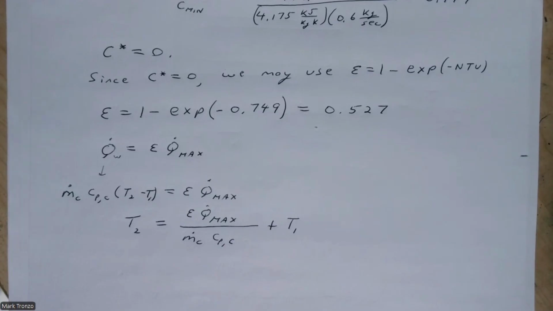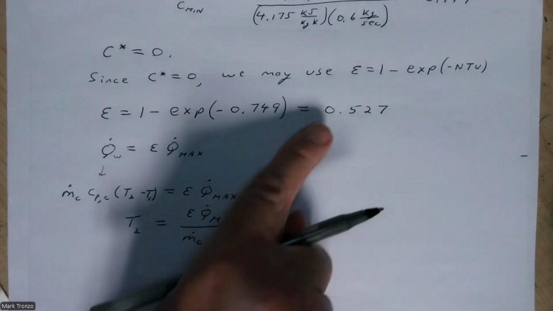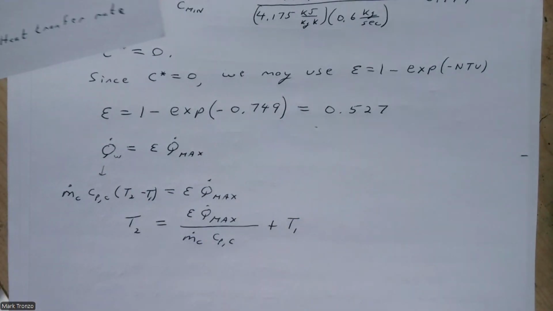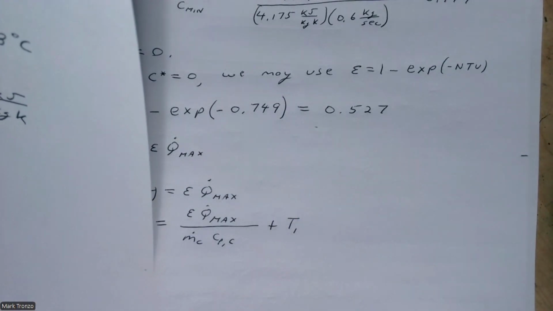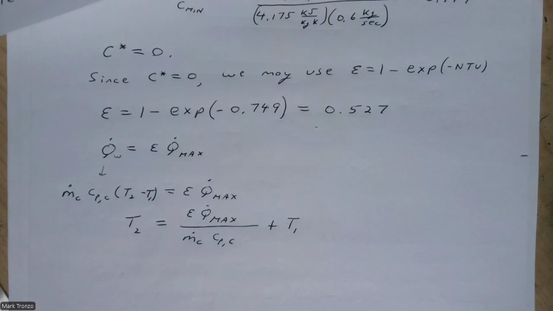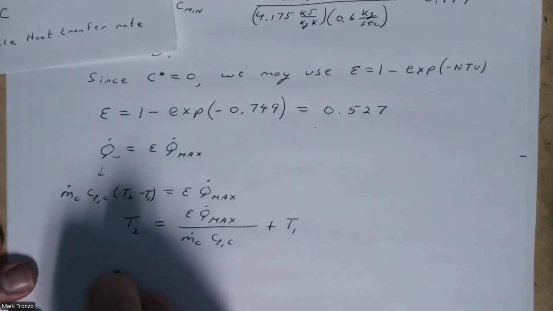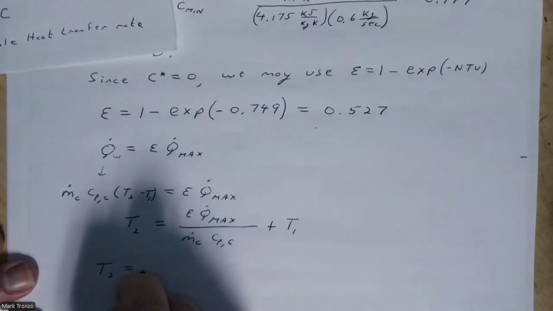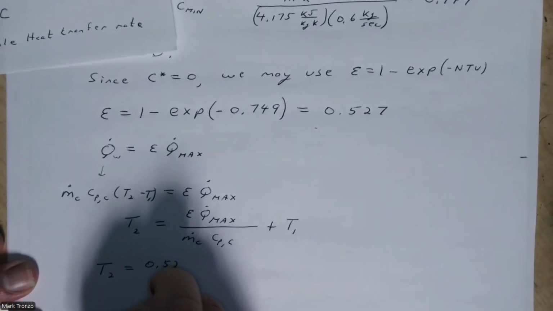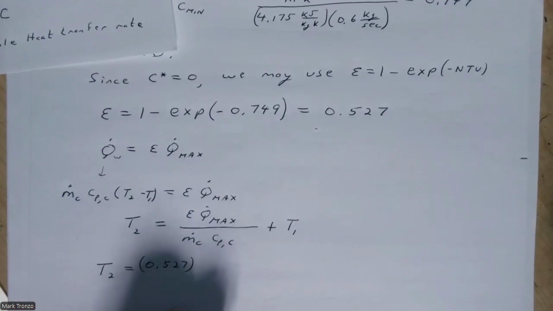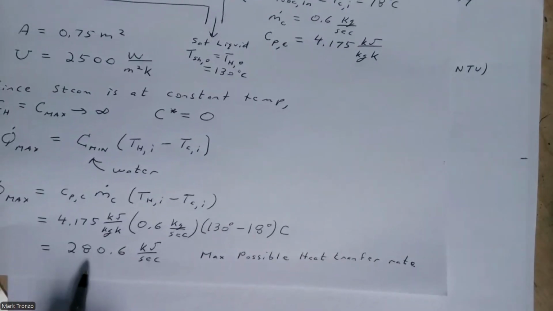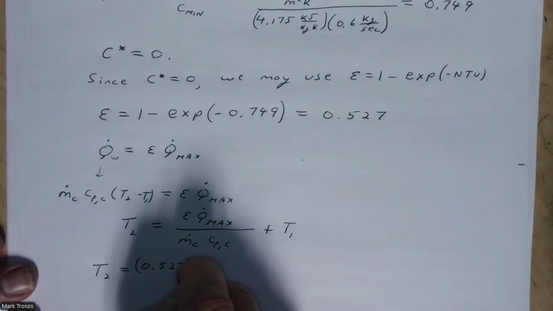Because we know Q dot max, and we know the effectiveness. The effectiveness was 0.527, and Q dot max was 280.6.